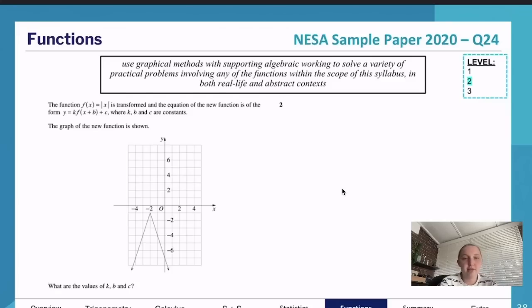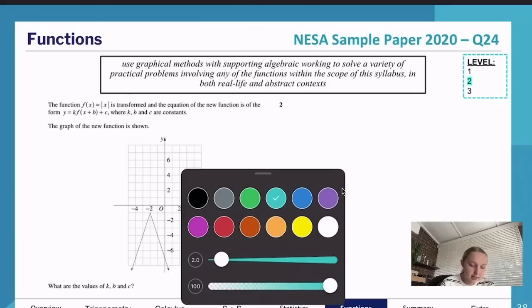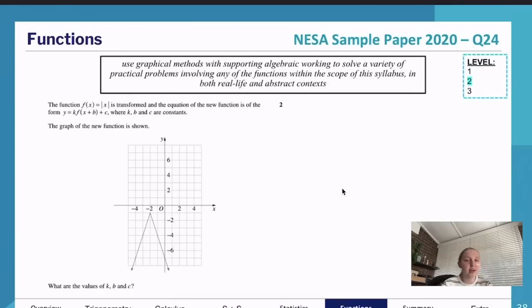So the function f of x is equal to the absolute value of x is transformed, and the equation of the new function is of the form y equals k f of x plus b plus c, where k, b, and c are constants. The graph of the new function is shown. What are the values of k, b, and c? Okay, so this I think would probably be considered year 11 because you do the majority of this stuff in year 11.